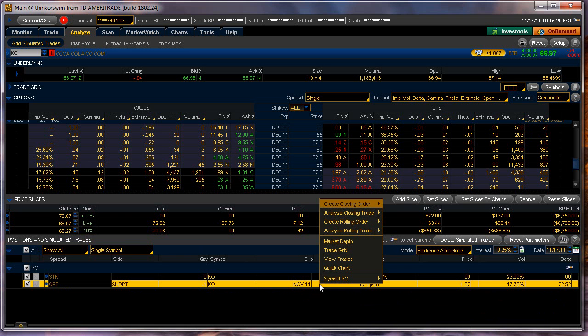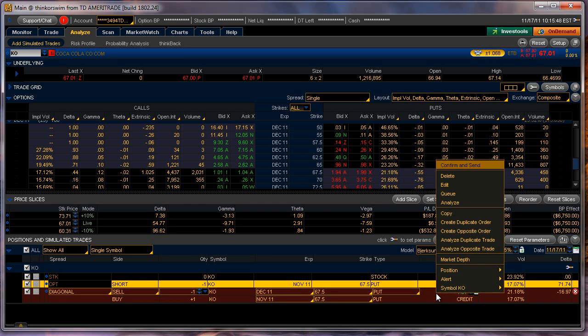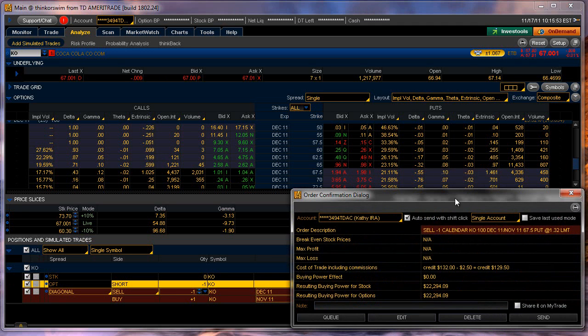You just right-click on your open position and say Analyze Rolling the Trade, and actually what this ends up looking like to the system is a diagonal where you're buying one and selling one at the same strike in different months. In this case, this would be a credit, and it's bouncing around $1.31 or $1.32. So I think I'll just leave it right at $1.31. Go ahead and right-click on this and say confirm and send.